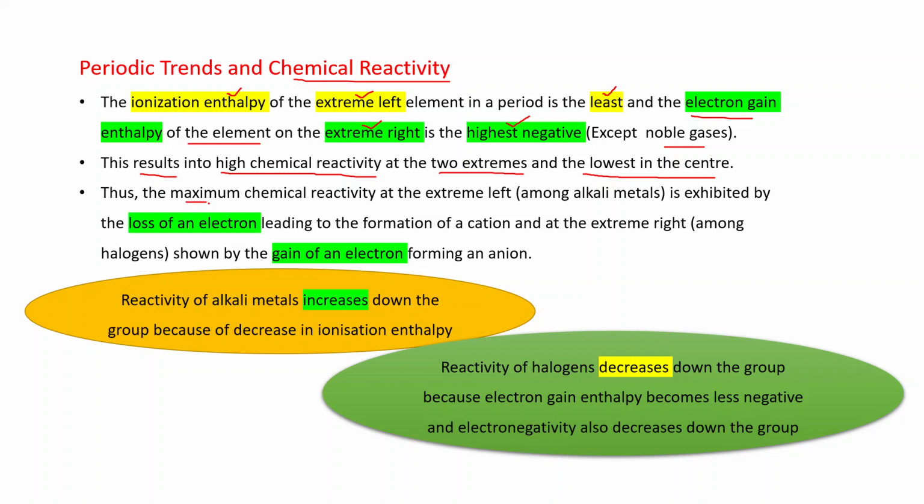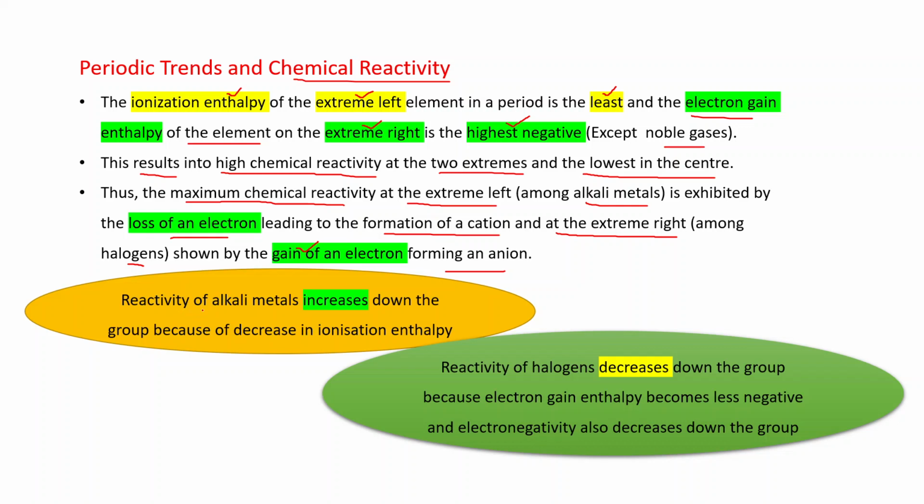Thus, the maximum chemical reactivity at the extreme left, that is among alkali metals, is exhibited by the loss of electron, leading to the formation of a cation, and at the extreme right, among the halogens, by gain of electron forming an anion.